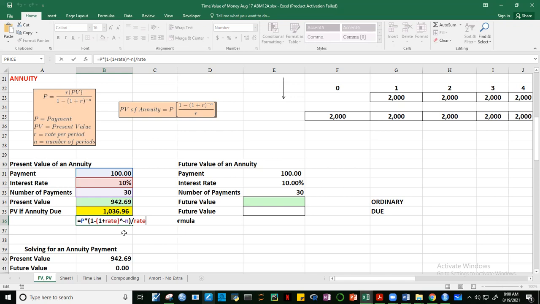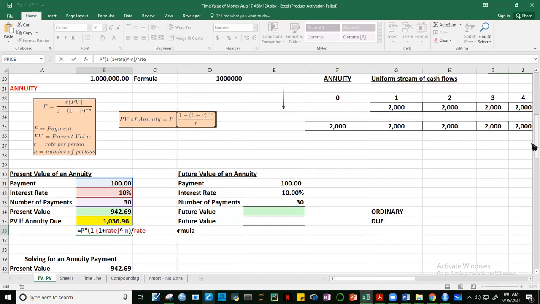If you were able to get the 942, the present value, using the formula, kindly chat, guys.